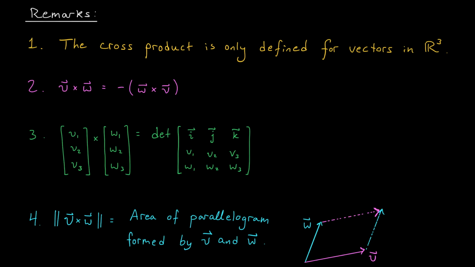Secondly, the dot product can be done in any order. If you do v dot w, that's the same as w dot v. For the cross product, not so much. The cross product switches signs if you swap the order of the vectors. V cross w is minus w cross v.